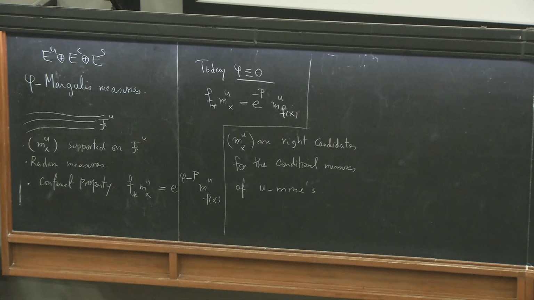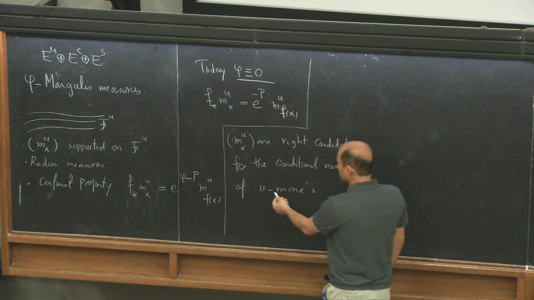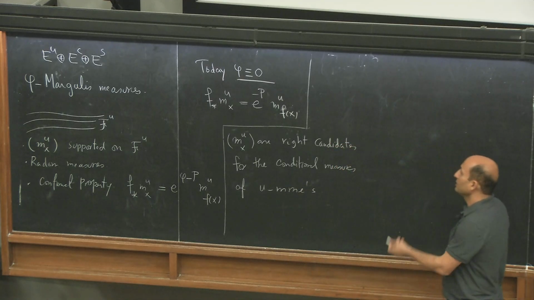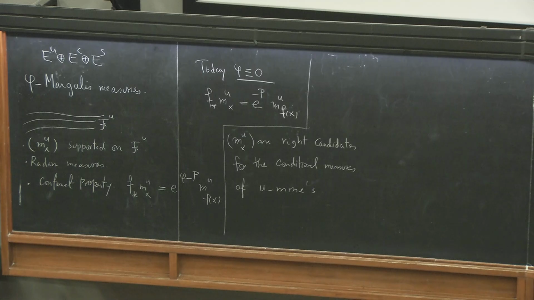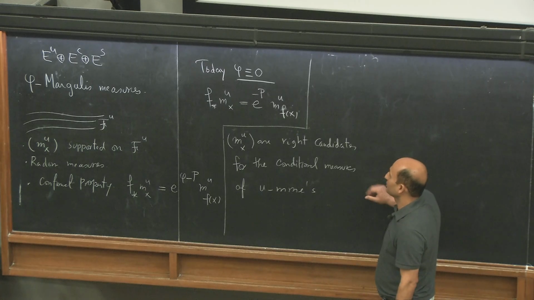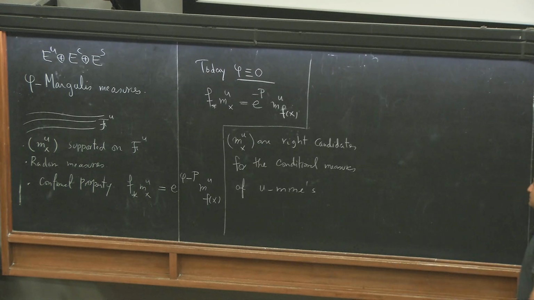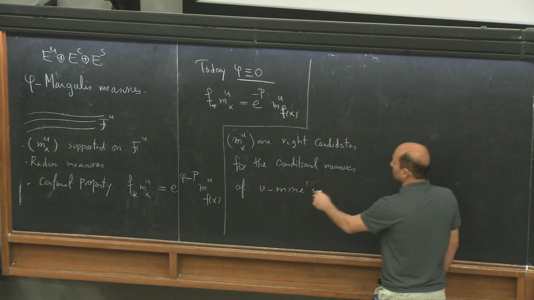Of course, you are considering just the unstable foliation, so you will have conditional measures of the UMMEs. This is in fact a result, but I'm not writing it today: these measures are the candidates, in fact the conditional measures of UMMEs, for partially hyperbolic diffeomorphisms.